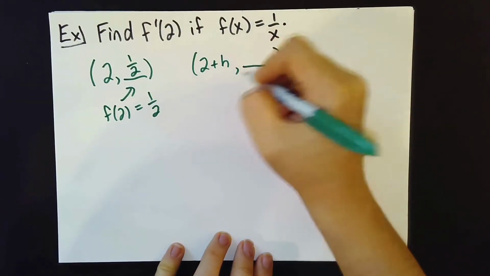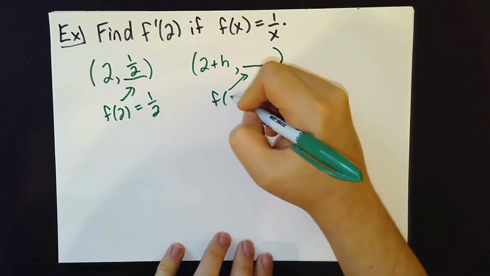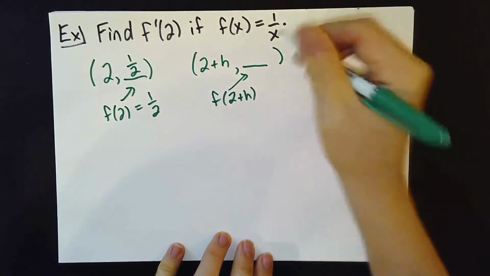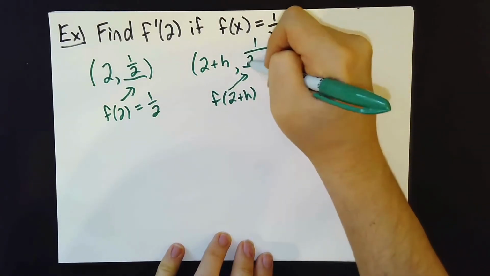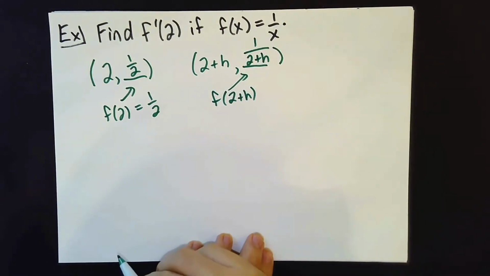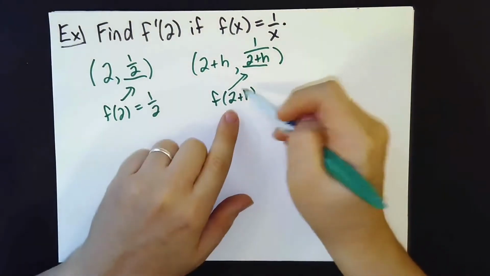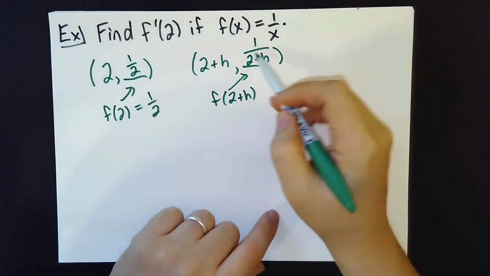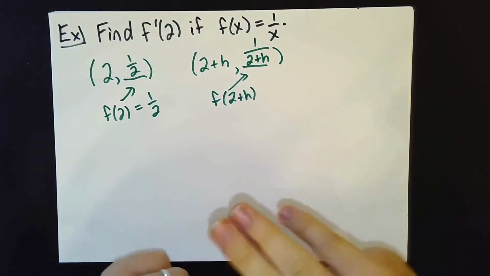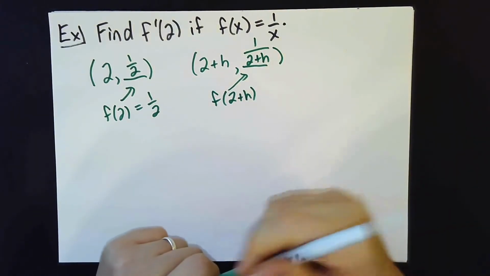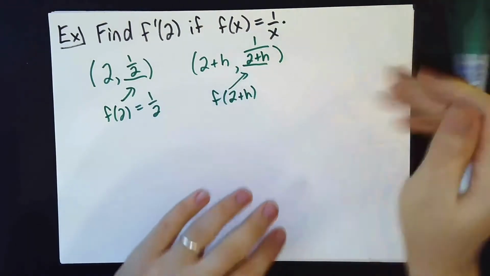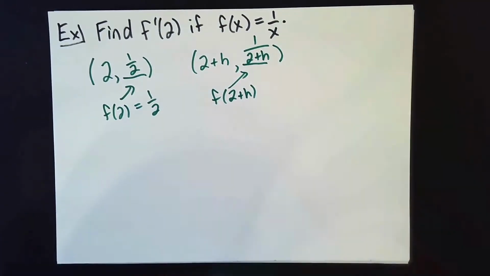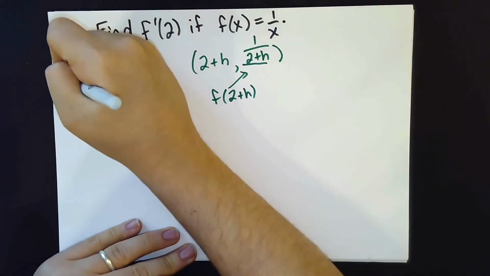And this is going to be f of 2 plus h, which is 1 over 2 plus h. Make sure your whole 2 plus h ends up in the denominator. Both of these points are points on the graph of 1 over x. So that was my step 1.